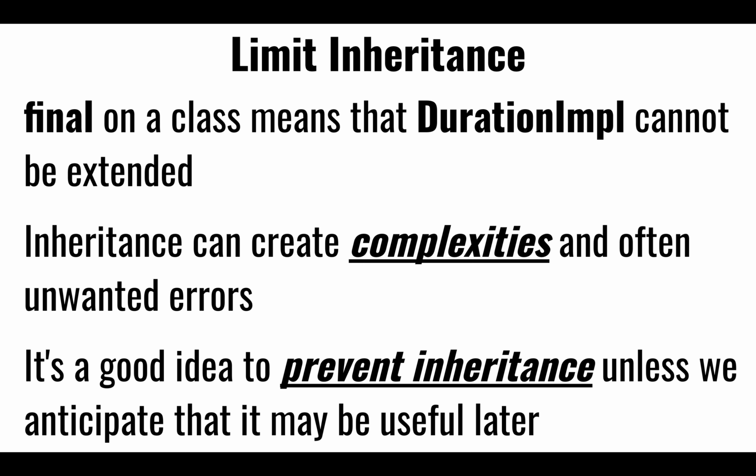Inheritance can add its own complexities, of having to add additional constructors, having constructors have access to the super class and things like that. So just to limit the complexity, we're going to disallow or discourage the inheritance, unless we identify any benefit to having folks inherit from this base class.